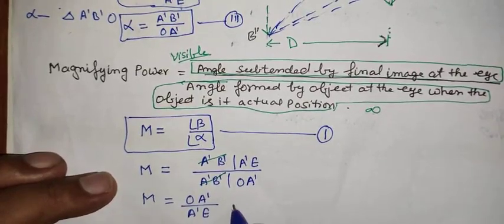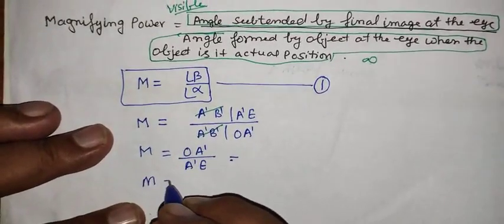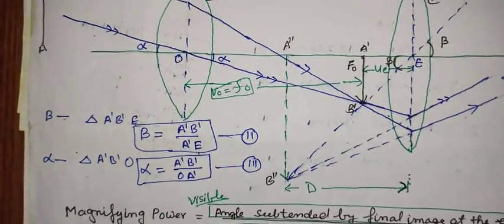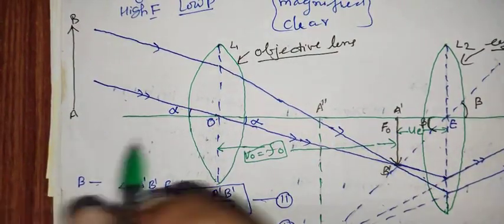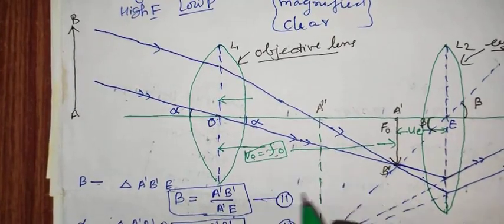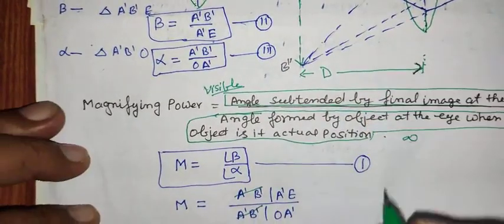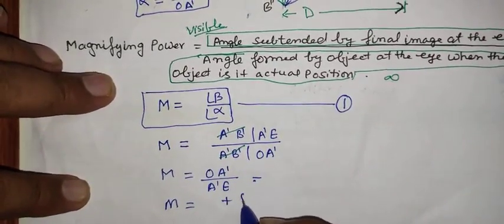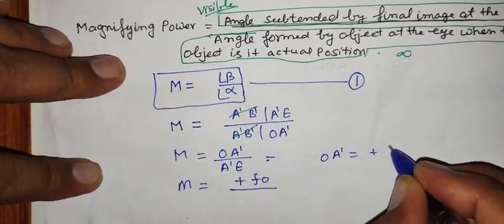This is magnification. Now see very carefully, in the diagram, this is OA'. So OA' is the focal length of the objective lens, and it is equal to plus FO.